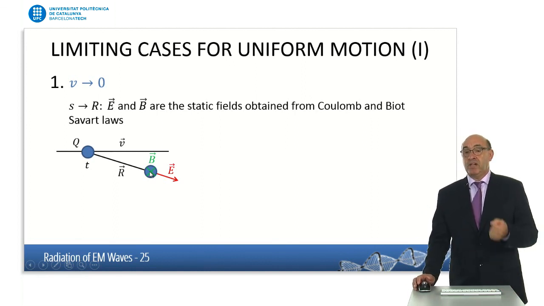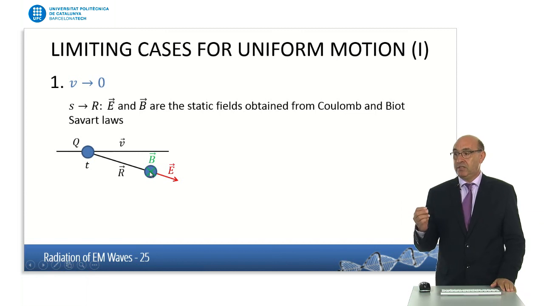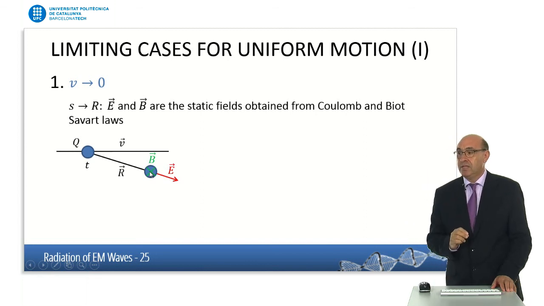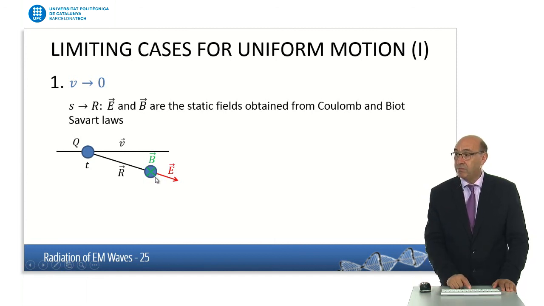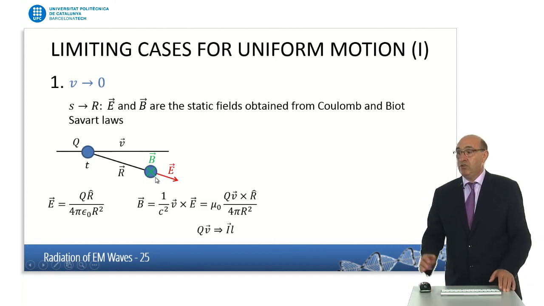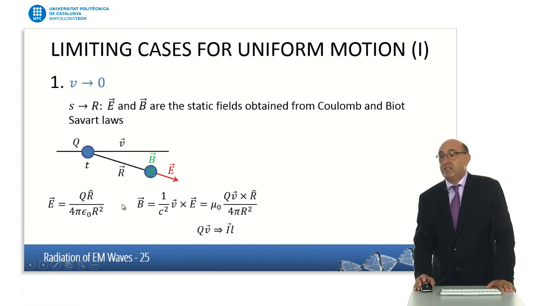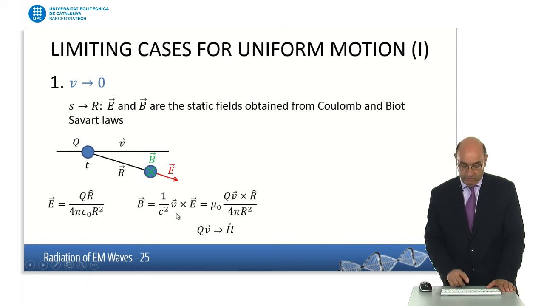If it was coming out of the screen, then we'd be seeing the tip of the arrow, and we'd put there a big dot. So this is just a notation. Here is the electric field, and we have the magnetic field that is perpendicular. And those, in summary, are the expressions for the electric field and for the magnetic field. That's what we have here.